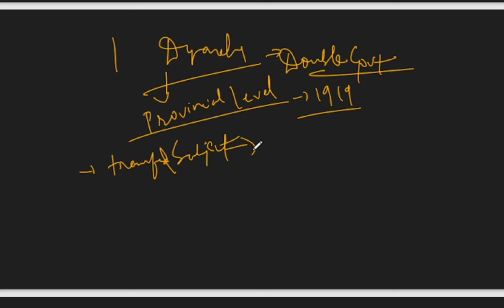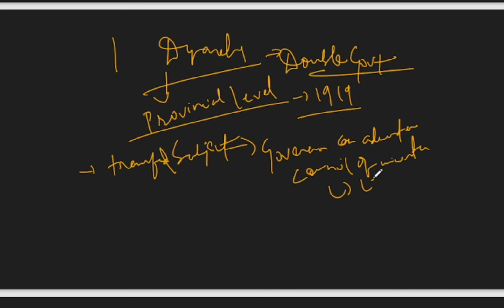It means that the governor can administer through the aid of council of ministers who are responsible to the legislative council, right?